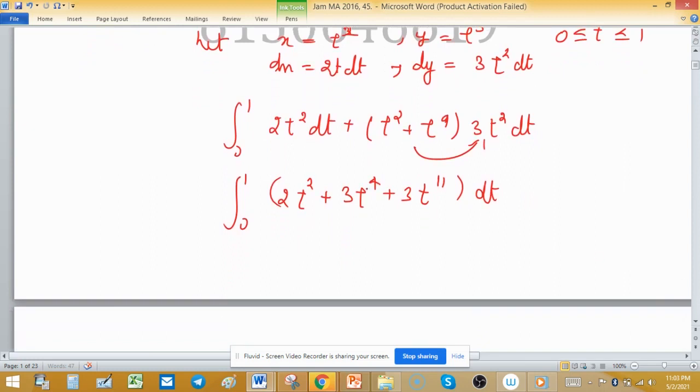Now take the integral: it will be 2t cube upon 3 plus 3t raised to the power 5 upon 5 plus 3t raised to the power 12 upon 12, and the lower and upper limits are 0 to 1 respectively.